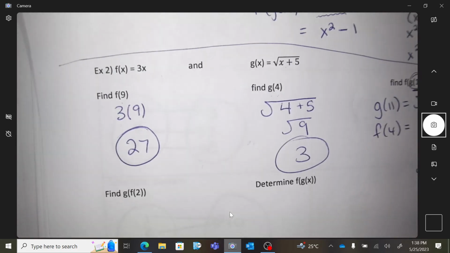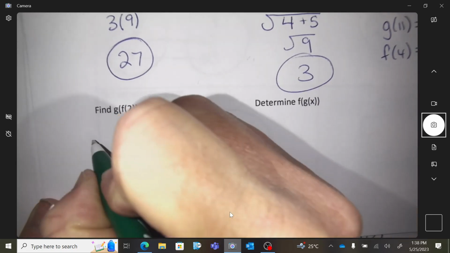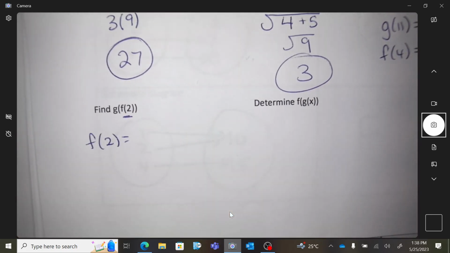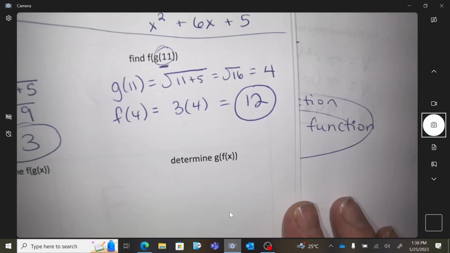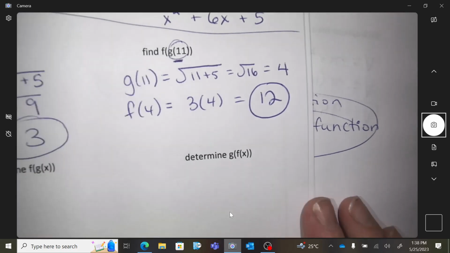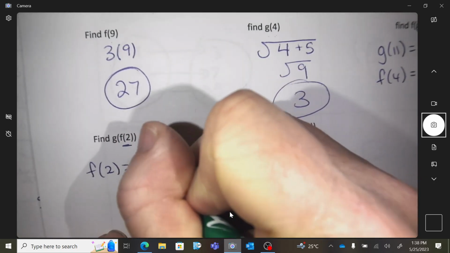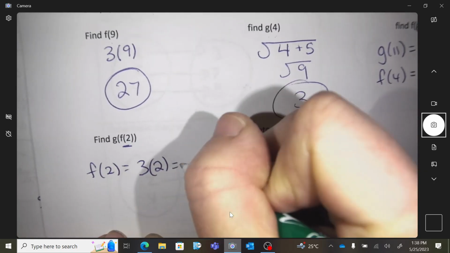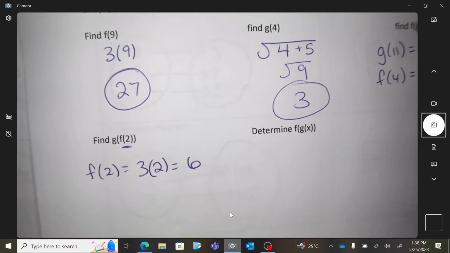Okay, a couple more. G of f of 2. So we need to do f of 2 first there. Okay, so f of 2 is 3 times 2 then, which is 6.